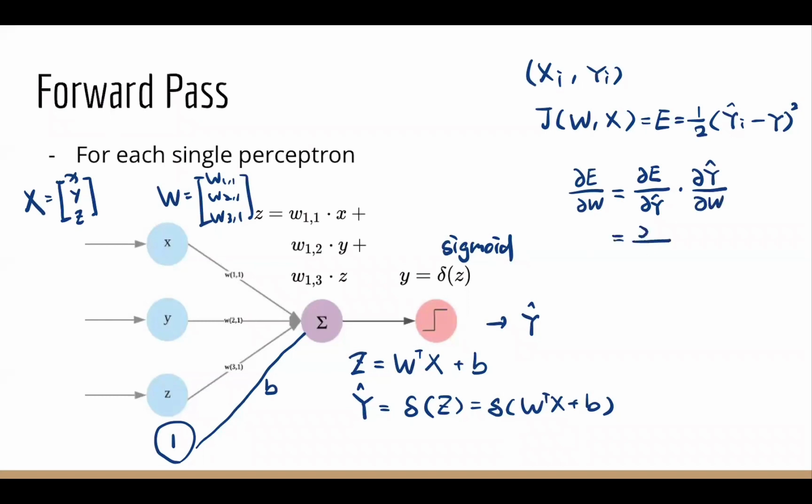We can keep expanding the second part into the derivative of the estimated output with respect to z, which is the part before the activation. You can also view this as the output of the affine operation, times the derivative of z with respect to the weight.